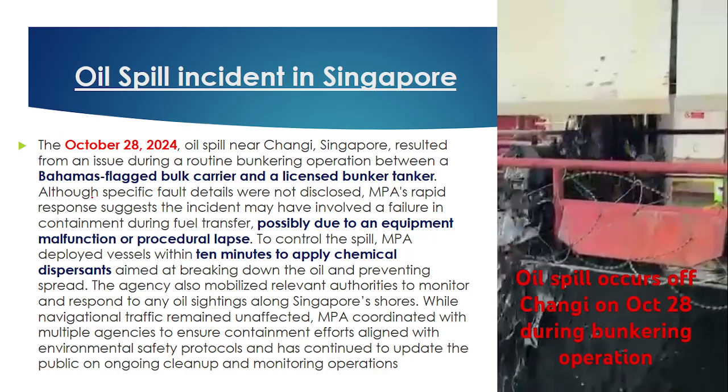So in order to avoid that, we have to follow the bunker checklist thoroughly. The problem with a spill is that if an oil spill occurs on your ship, try to contain it within your ship.